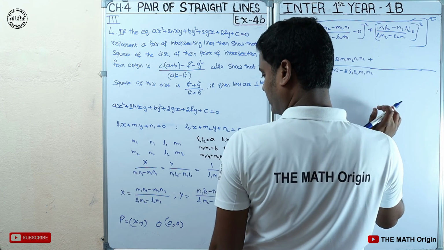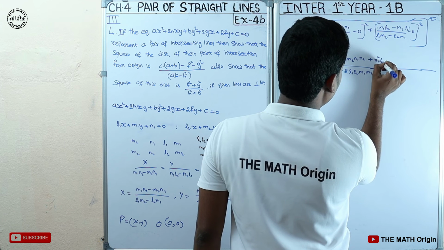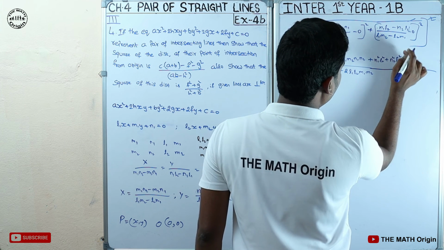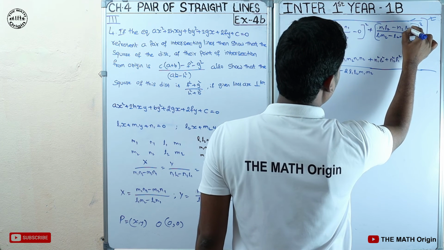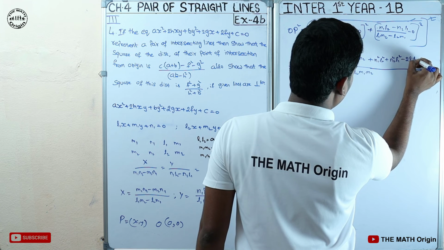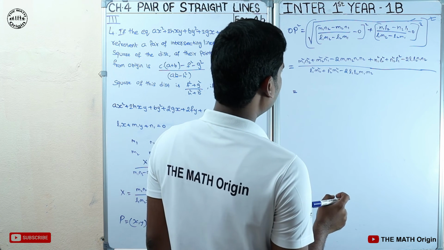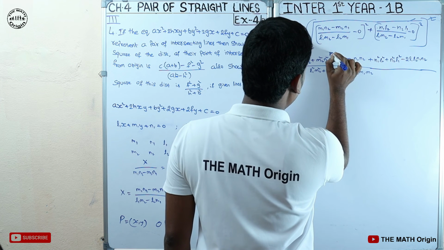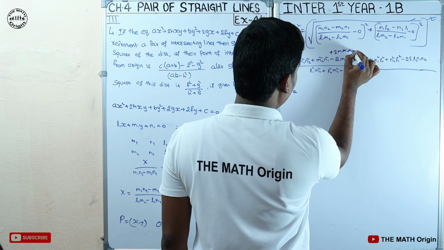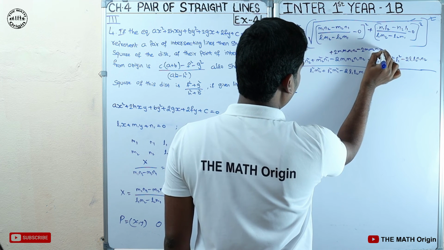So from this I will be writing it as n1 square l2 square plus n2 square l1 square minus 2 l1 l2 n1 n2. Now if you see here, I will add plus 2 m1 m2 n1 n2 and minus m1 m2 n1 n2.